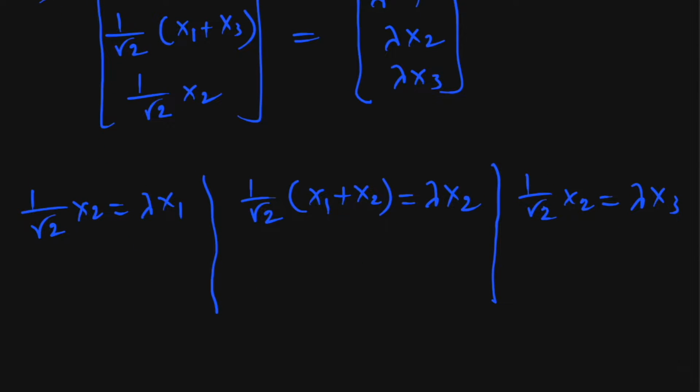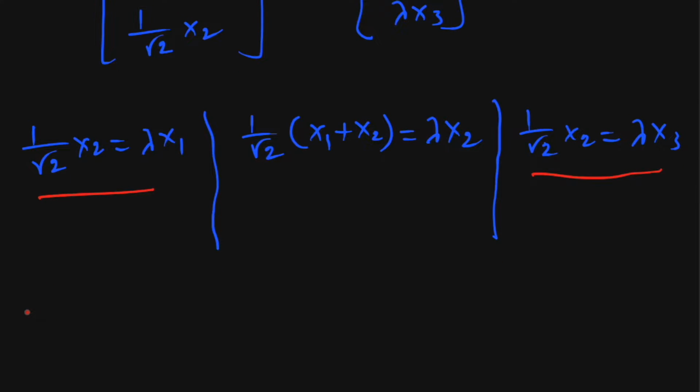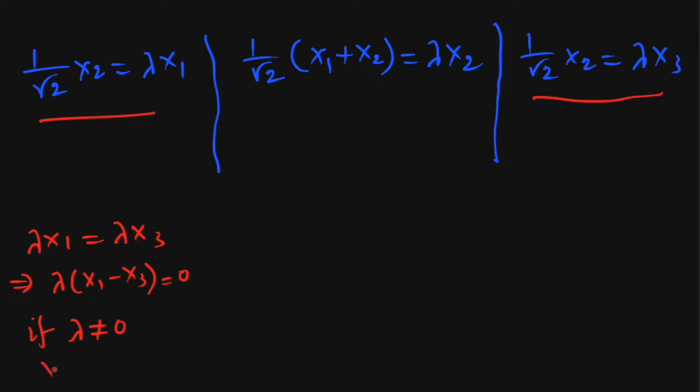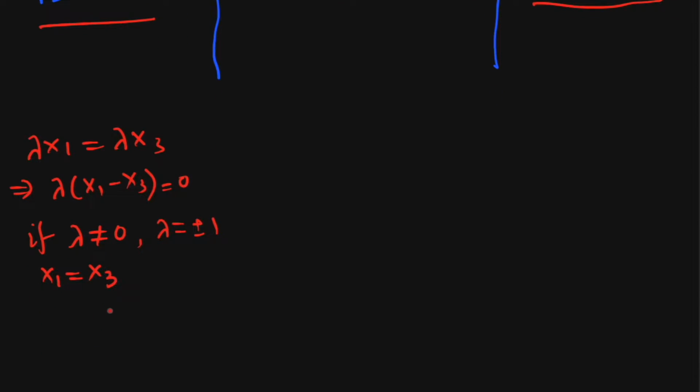Now from these two equations we can see that lambda x1 is equal to lambda x3. That means lambda (x1 minus x3) is equal to 0. That means if lambda is not equal to 0, then x1 is equal to x3. That means for the two non-zero eigenvalues, lambda equal to plus minus 1, these two are equal.